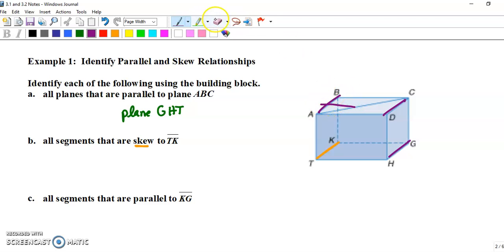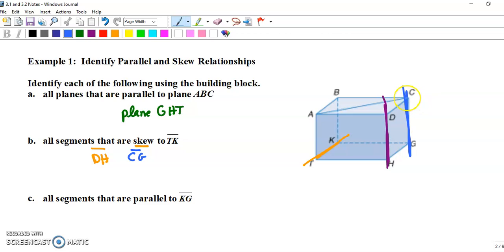Skew would be, you can't do AT because that intersects at T. But what about BH? If you think about those two, BH and TK are skew. Also CG would be skew. They wouldn't ever intersect, but they also don't run side by side.